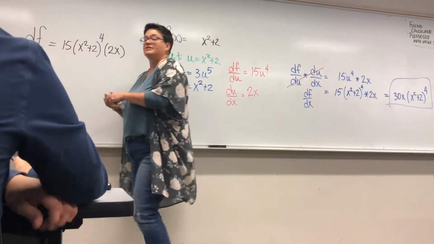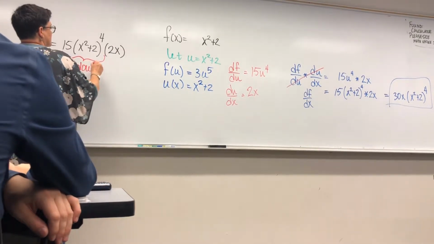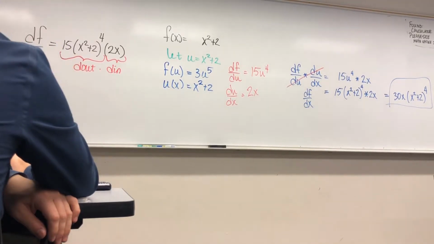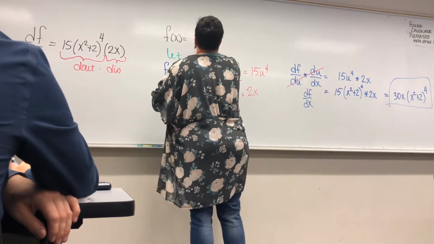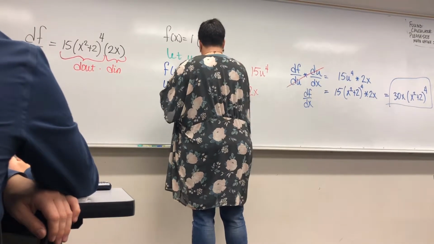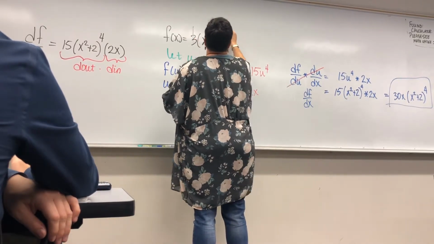So I call this the derivative of the outside, d out, and the derivative of the inside, d in. D out, d in. You guys are gonna hear me say this all semester long. So before, we had 3 and to the 5th.